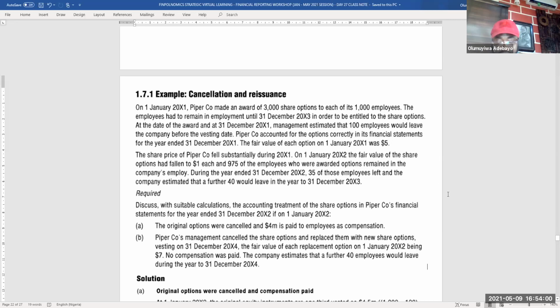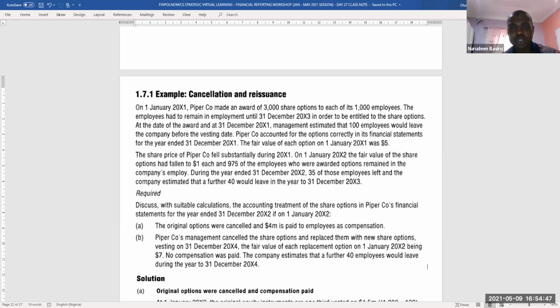Cancellation and reissuance. On 1st January 20x1, Piper Co made an award of 3,000 share options to each of its 1,000 employees. The employees had to remain in employment until 31st December 20x3 in order to be entitled to the share options. At the date of the award and at 31st December 20x1, management estimated that 100 employees would leave the company before the vesting date. Piper Co accounted for the option correctly in its financial statements for the year ended 31st December 20x1.